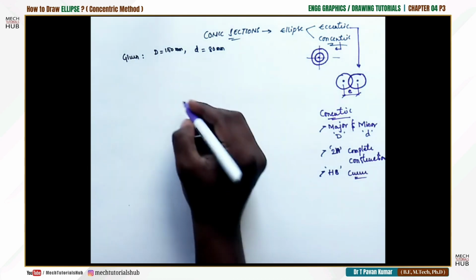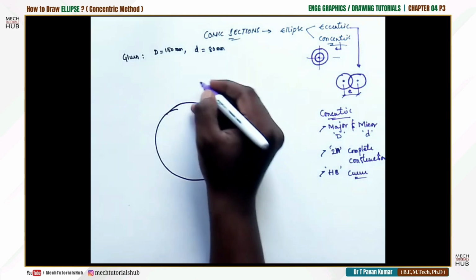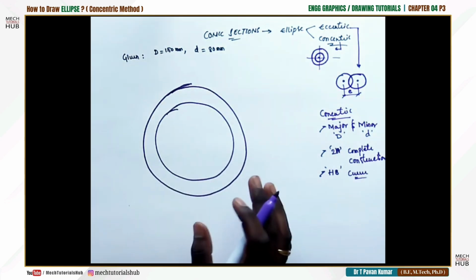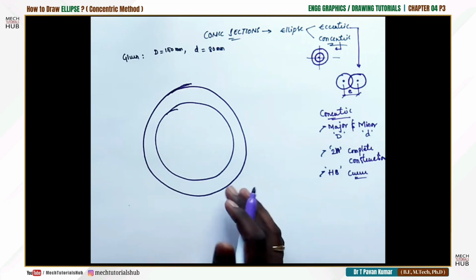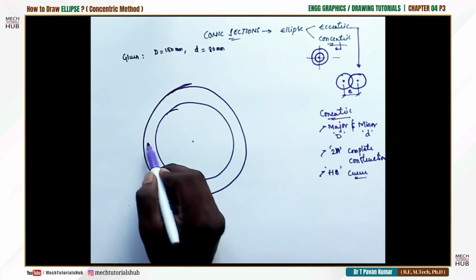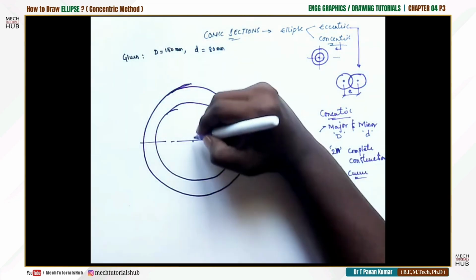Let us consider this as the first circle, then the second circle. When you draw these circles, you need to draw with the help of a compass. Here let us consider this as the central point. I'll draw one axis line horizontal, then one vertical.